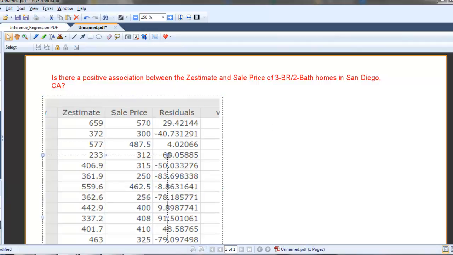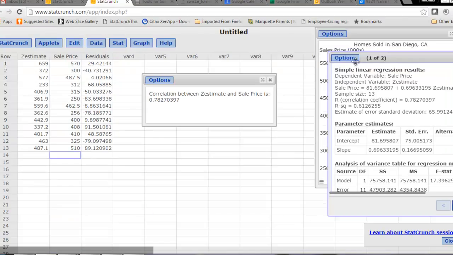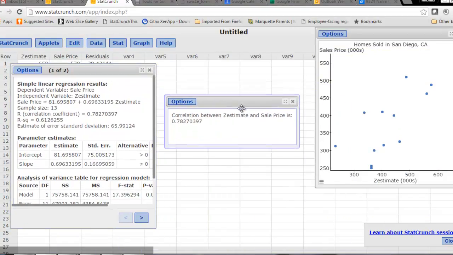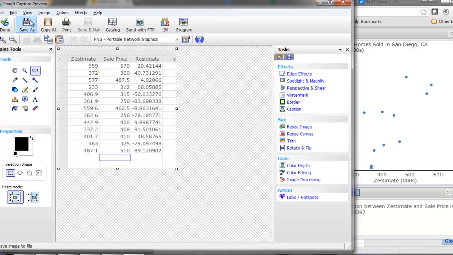There's our raw data. If we go back here, I'll merge these two together. There's our correlation and scatter diagram.